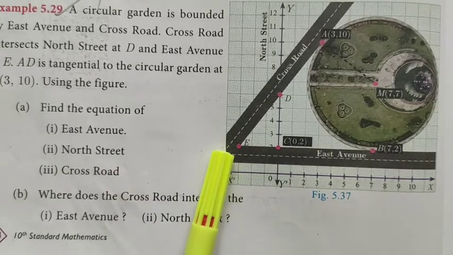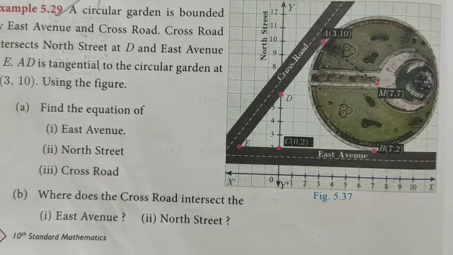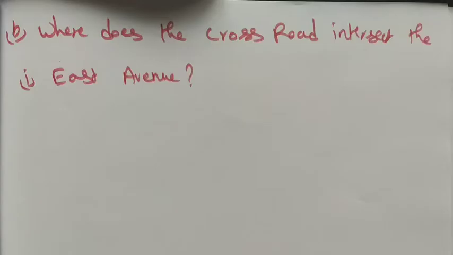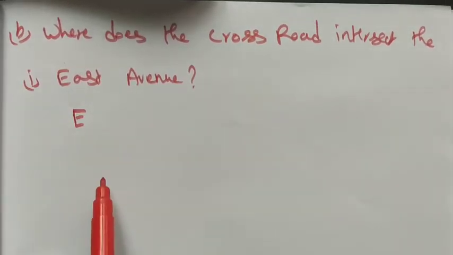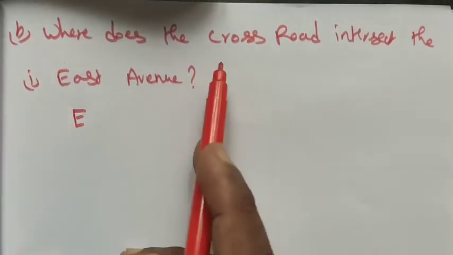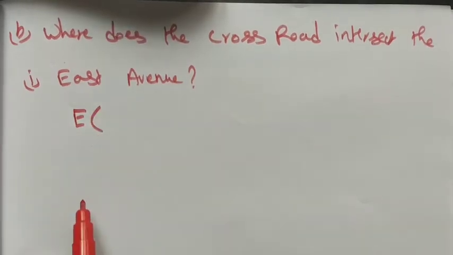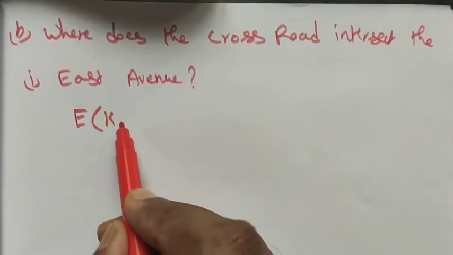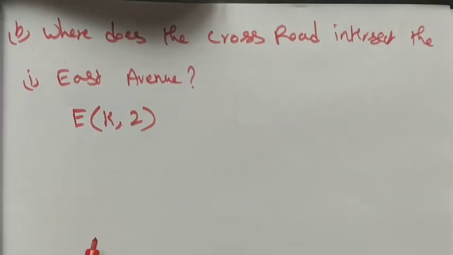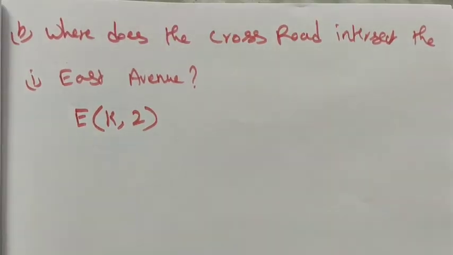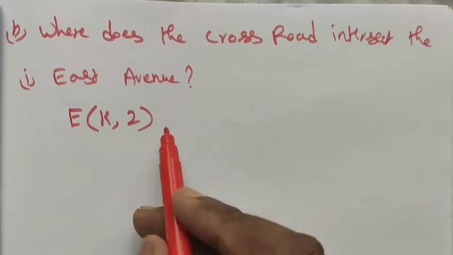Let's put another number k. E is k comma the y-value. We don't know k, but 2 is the parallel point. So we take E is equal to k comma 2.